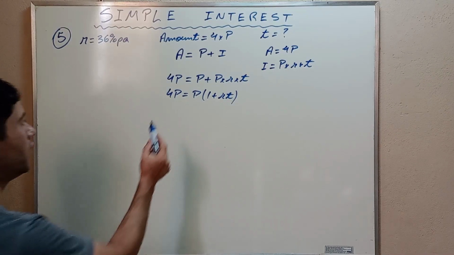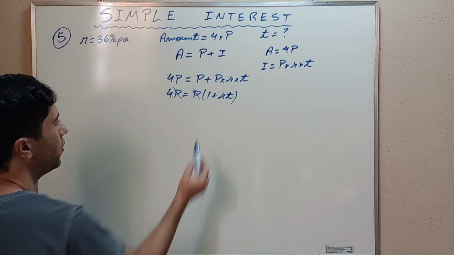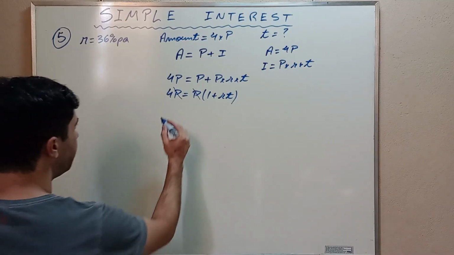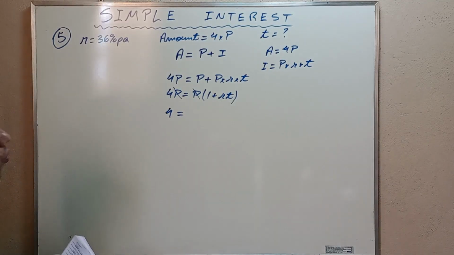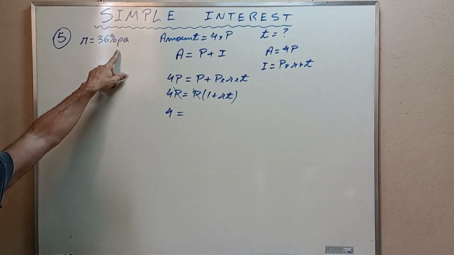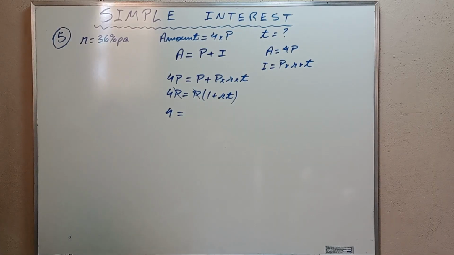We cancel this with this, and we find that 4 is equal to 1 + RT, but the rate was given per annum, and let's use months, okay? Because we don't want broken years, so we are going to use months here.